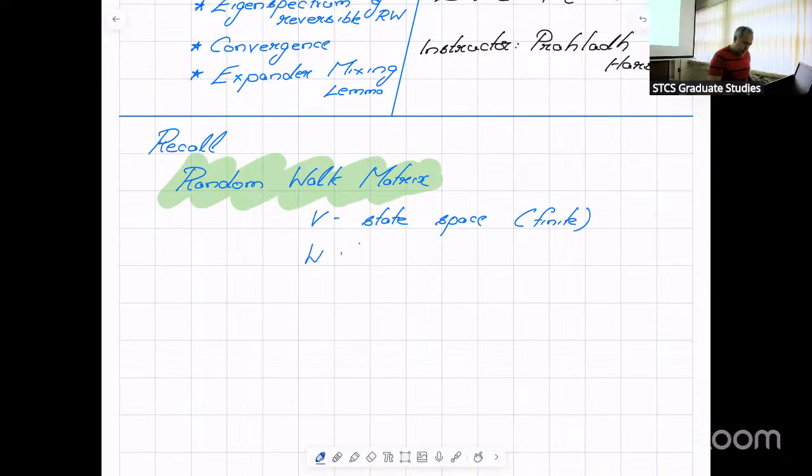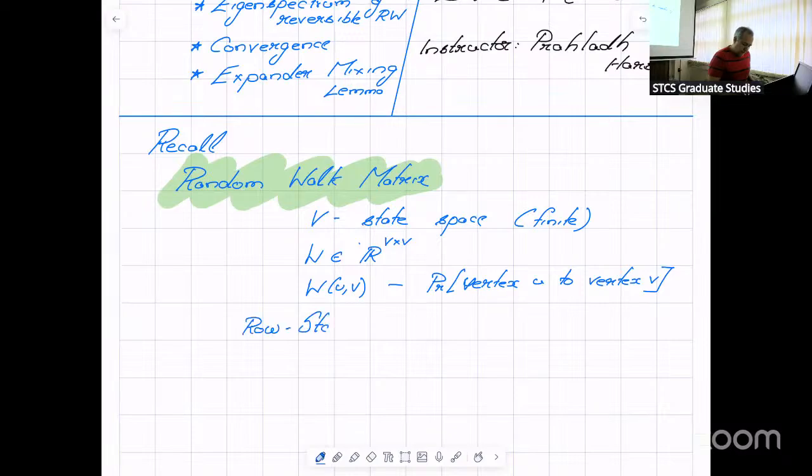And there's a matrix W on R^(V×V), where W(U,V) denotes the probability of going from vertex U to vertex V. So in general, this is a row stochastic matrix: for all U, we have the summation of W(U,V) equals 1. And these are all non-negative matrices.